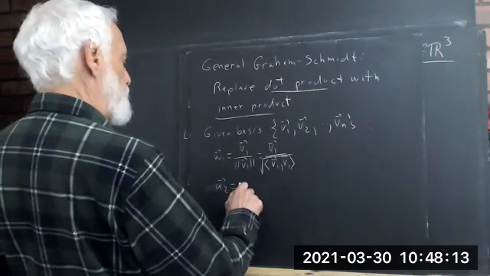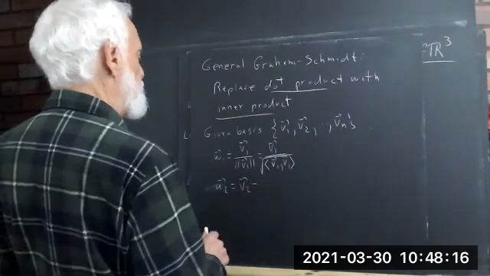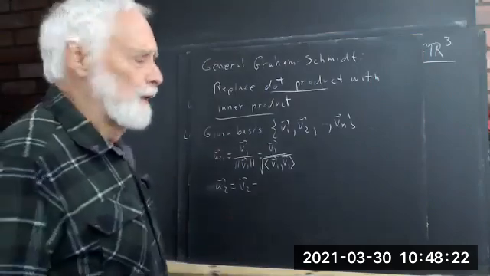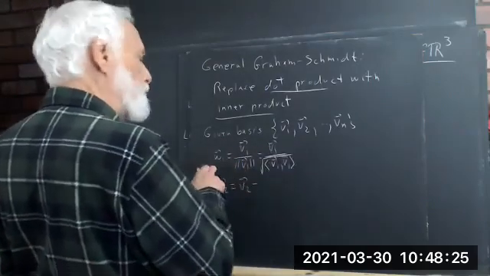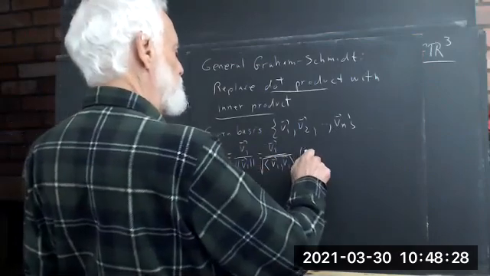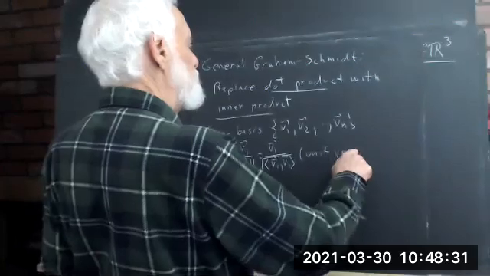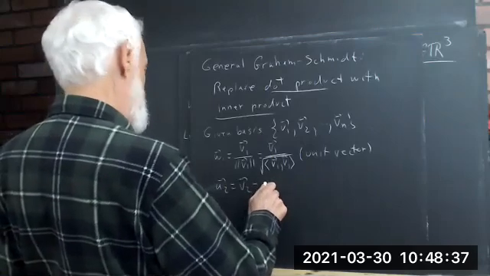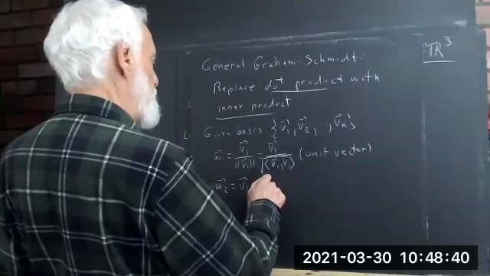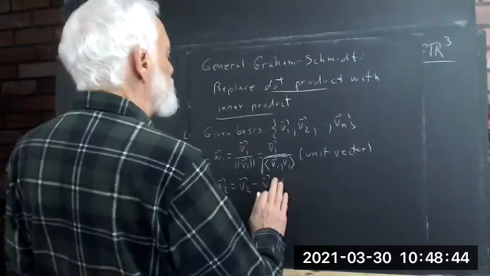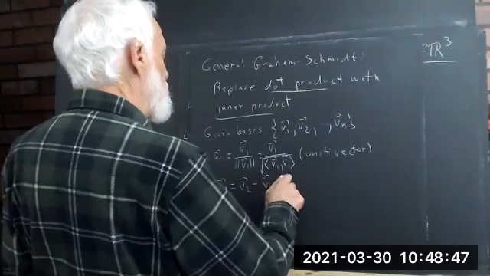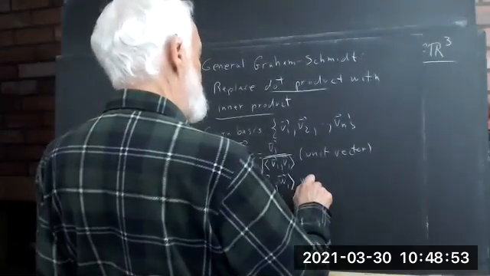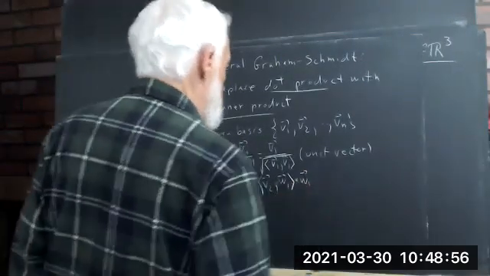U2 equals V2 minus the projection of V2 onto W1, since W1 is a unit vector, that projection is just the inner product of V2 with W1, times W1.